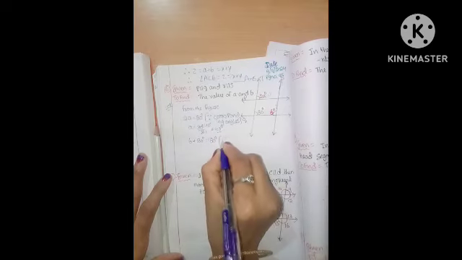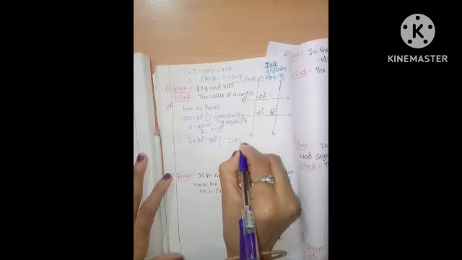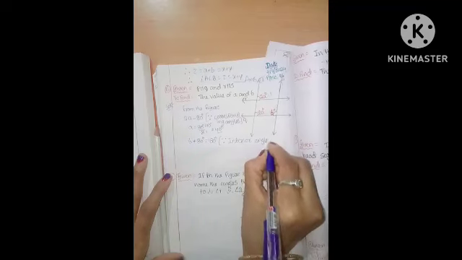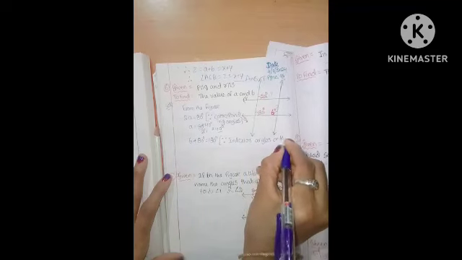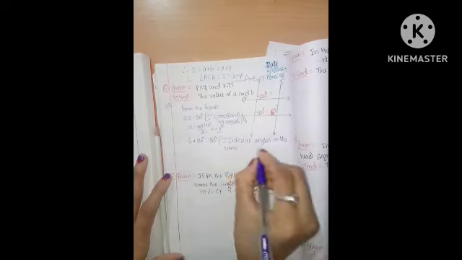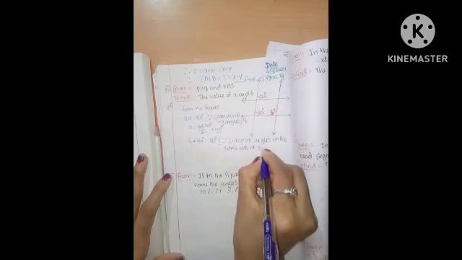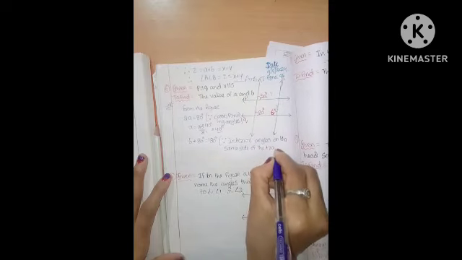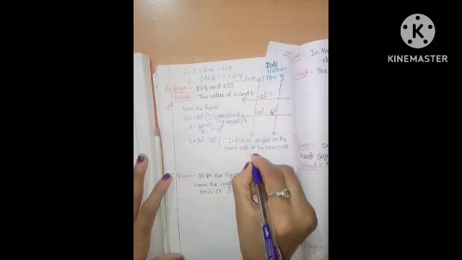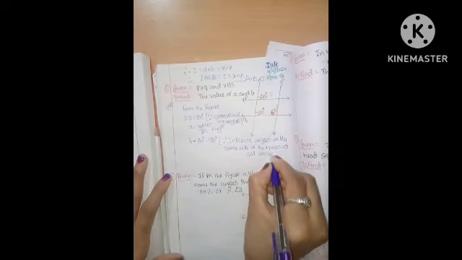Why is it 180 degrees? These are interior angles on the same side of the transversal, or supplementary.